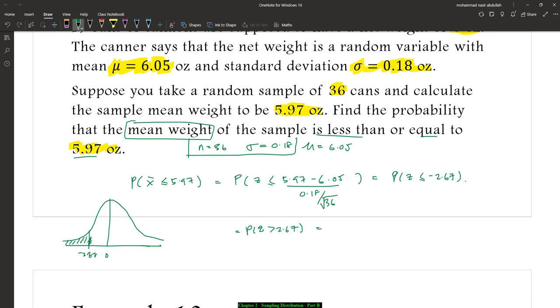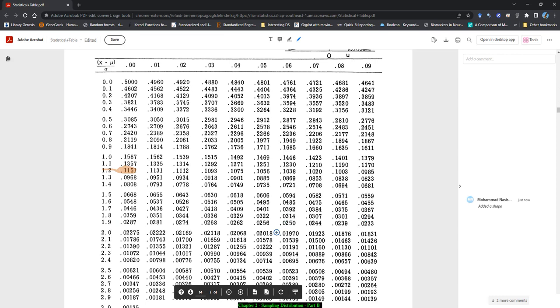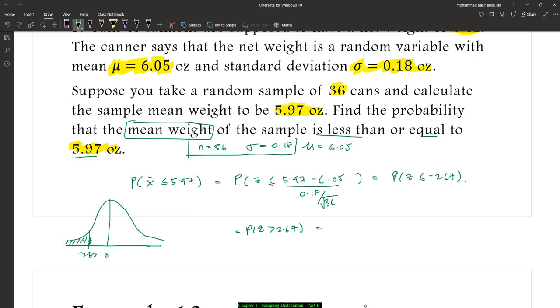So we look at the statistical table. 2.67 should be here. Is 0.00379. So 0.00379. Right? Okay?